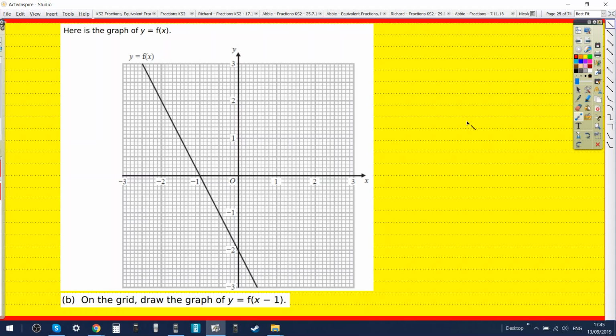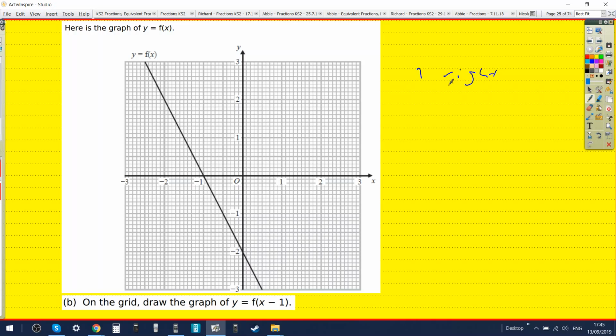Okay, just plus 1 to the right. I think it's going through minus 1, now we'll be going through 0. And for a straight line, 1 more coordinate? It's going through minus 2 on the y-axis, so now we'll be going through (1, minus 2).